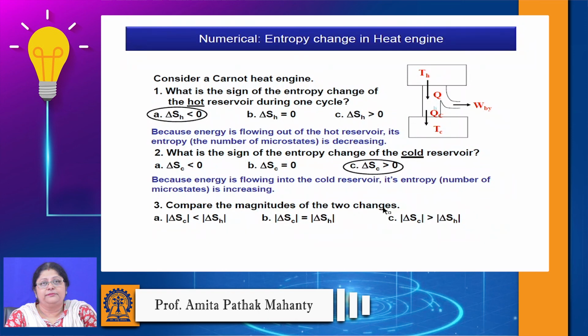The heat transfers from the hot reservoir to the cold reservoir. So delta S of the reservoir equals Q reversible by T. Where is the cold reservoir coming in? Entropy change of a hot reservoir. I'm talking about the hot reservoir during one cycle.